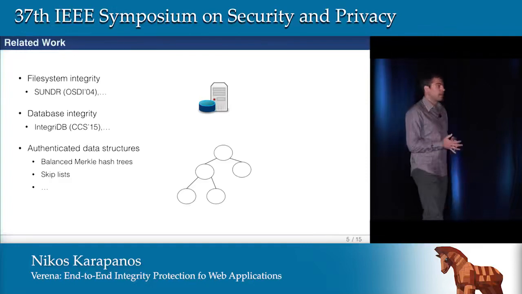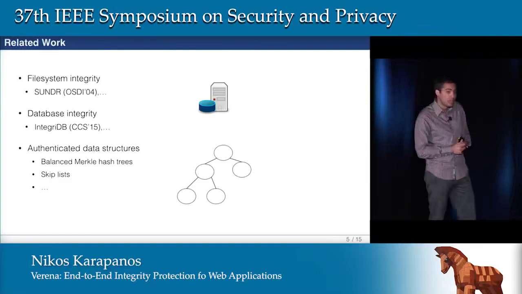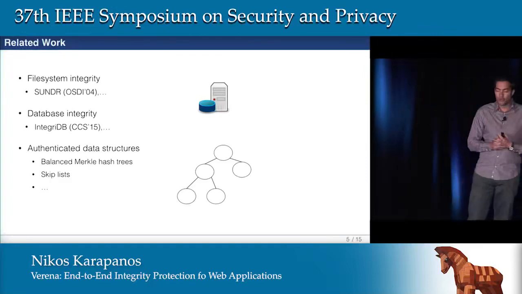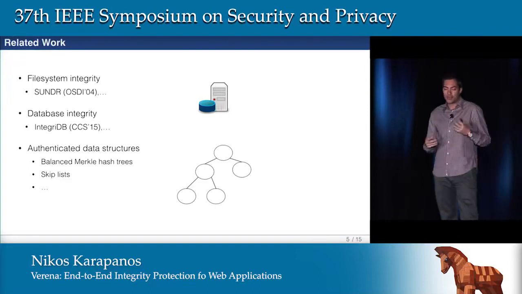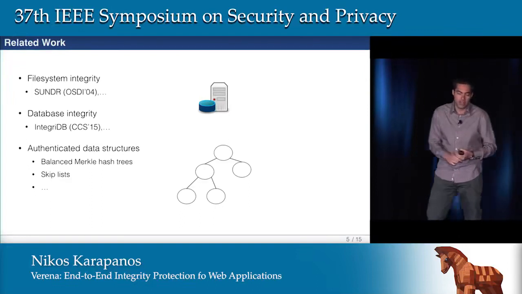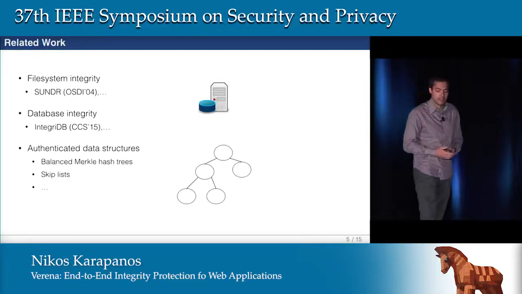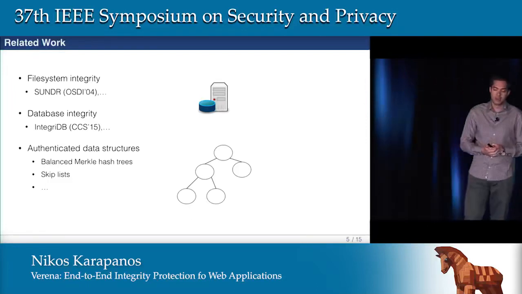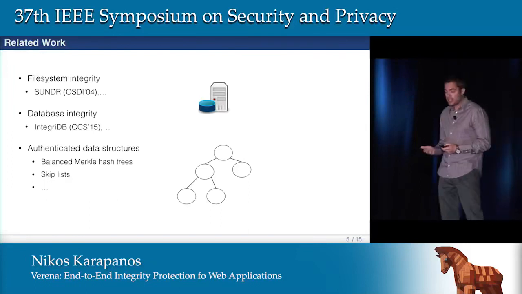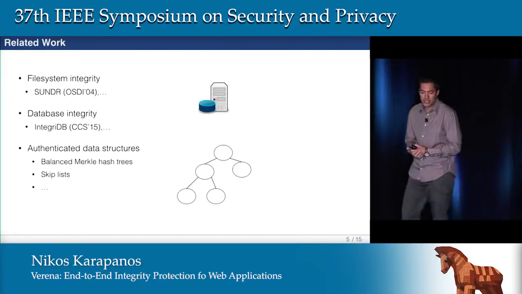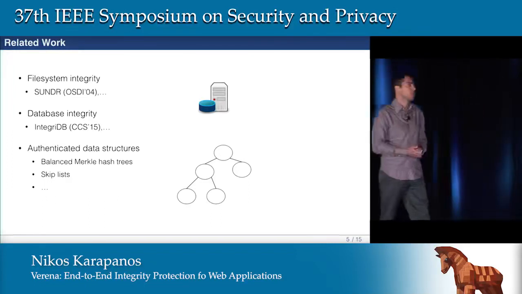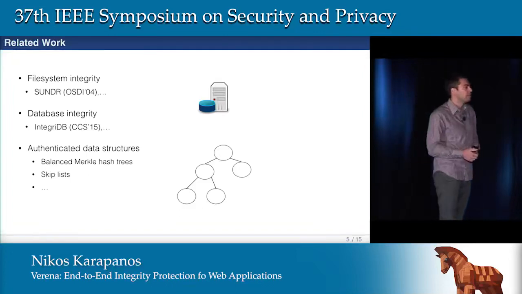Actually, our security community has acknowledged this problem, and there is a lot of work in this field. For example, just to name a couple, there has been work on file system integrity. SUNDR is a very good and well-known example of this back in 2004. Database integrity, a recent paper called IntegriDB, but many other works before this in this field.